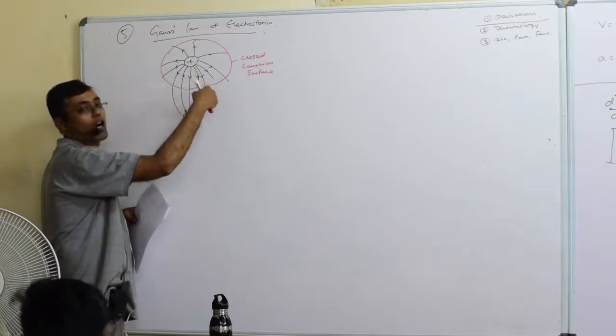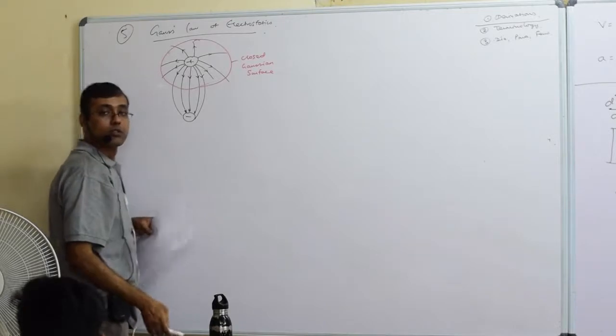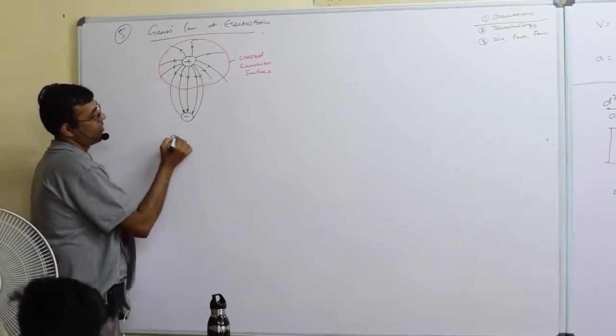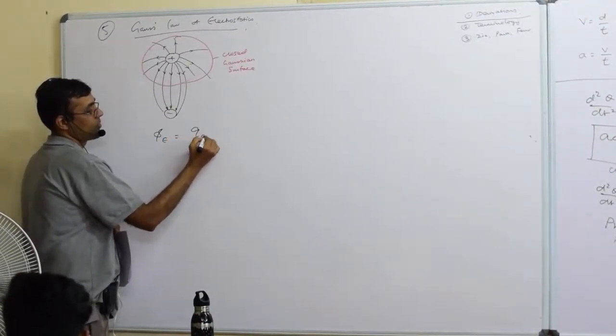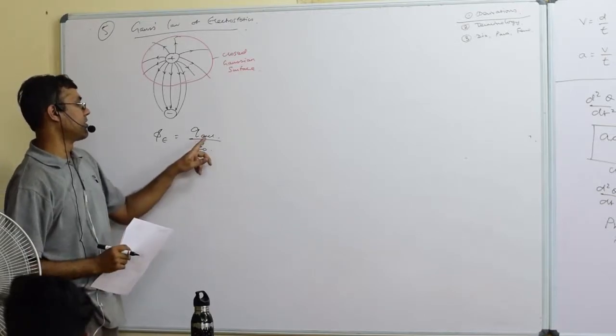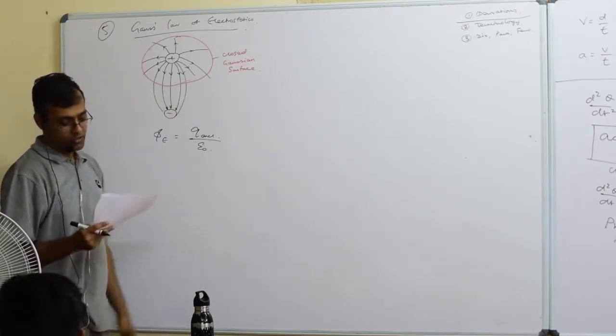It's actually coming out of the surface, right? So all the lines are coming outward. So that means I will say phi E is equal to Q enclosed divided by epsilon naught. So I told you, the book doesn't say enclosed, but it's better to write it like this because it's whatever is inside the surface.